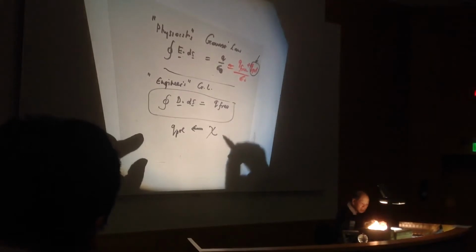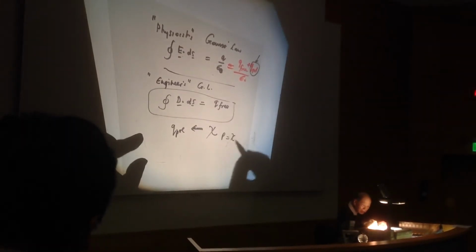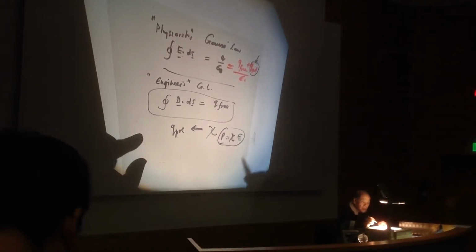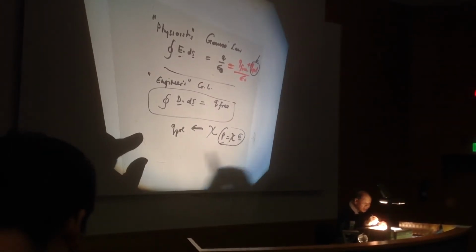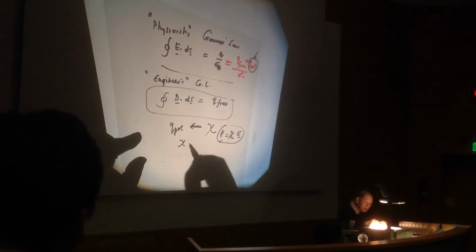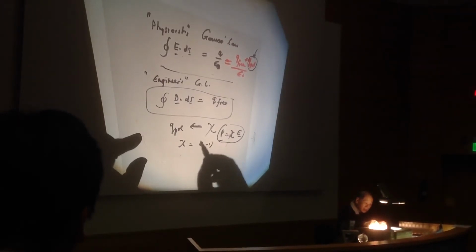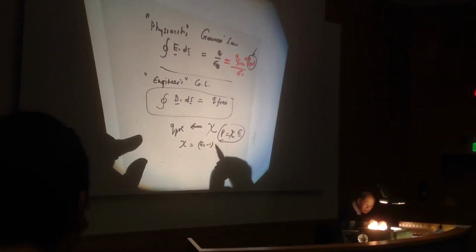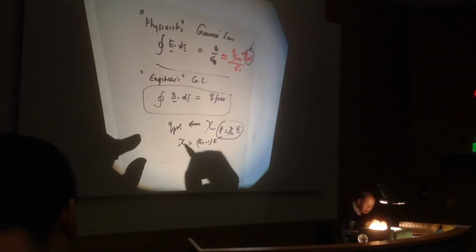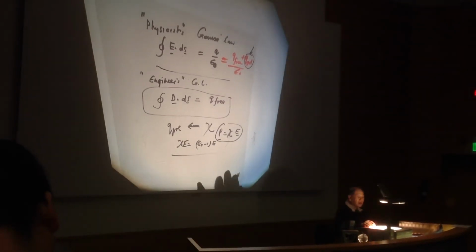So the polarization vector P is chi times E. The polarization vector is proportional to E. Later on we find out that chi is the same as epsilon r minus 1 times epsilon naught. So very complicated, unnecessarily complicated.